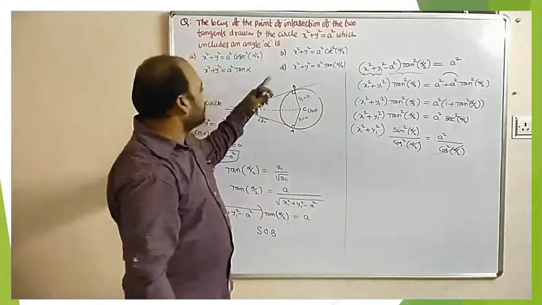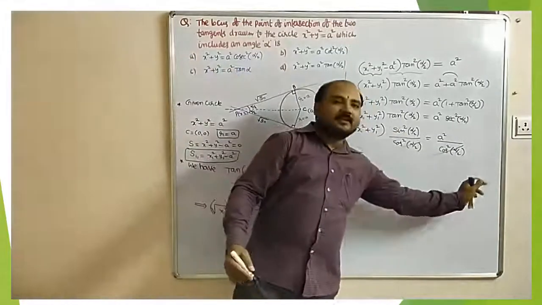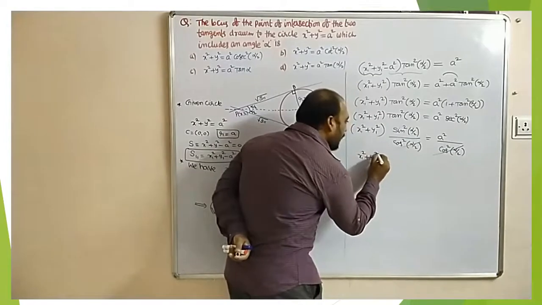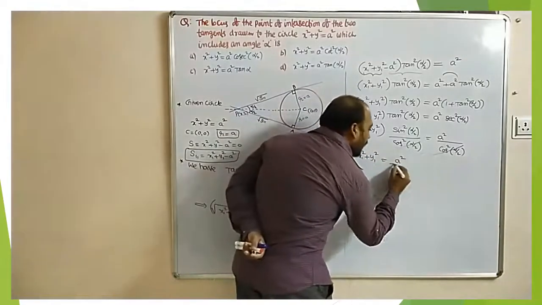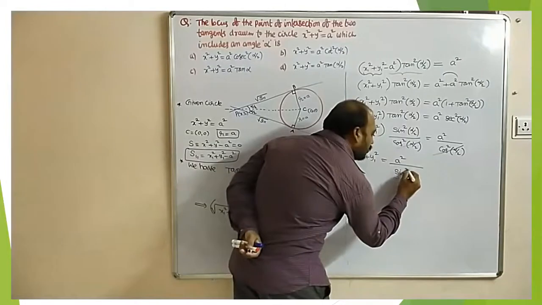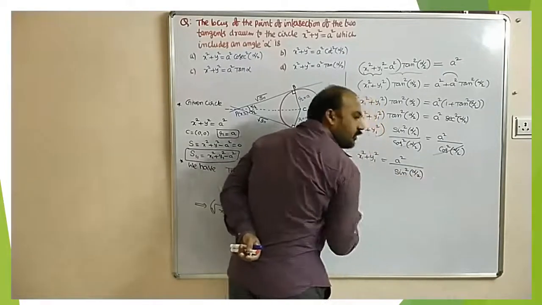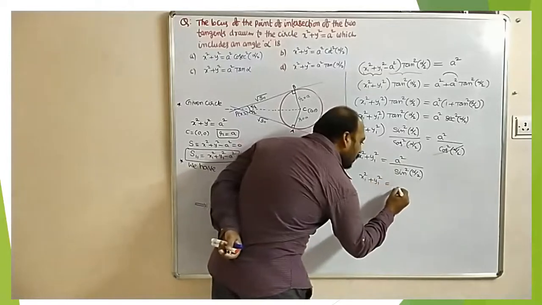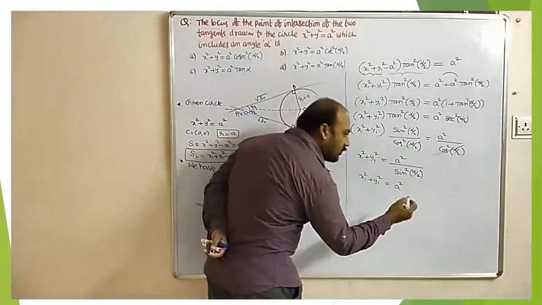We will get, according to the option, sine square alpha by 2 we can take to the RHS side. So x1 square plus y1 square is equal to a square divided by sine square alpha by 2, which is x1 square plus y1 square equal to a square into cosecant square alpha by 2, since the reciprocal of sine is cosecant.